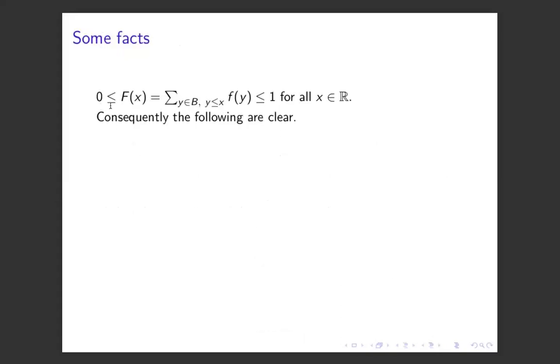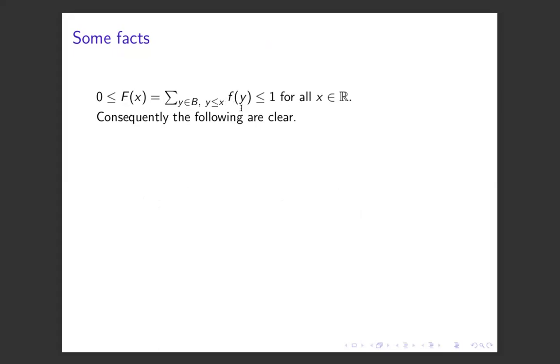Now, note that capital F of x, that is the probability that X takes a value less than or equal to little x. Since the random variable X takes values only in B, only those y which are in B and also y less than or equal to x will be included in the counting of this probability.